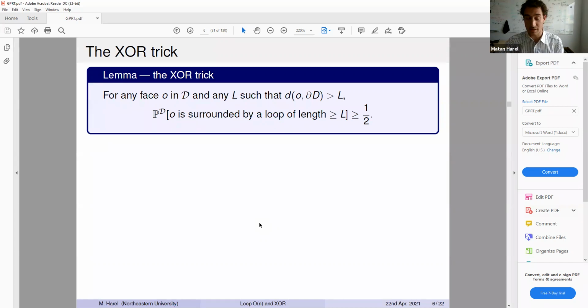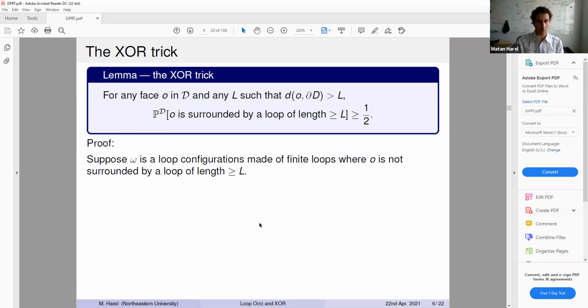The proof of this is completely combinatorial, and it's based on the following idea. Let me consider the finite, but possibly very large set of all configurations that don't have long loops surrounding it. Suppose that omega is one of those configurations. I have a bunch of loops. Maybe it looks like this.